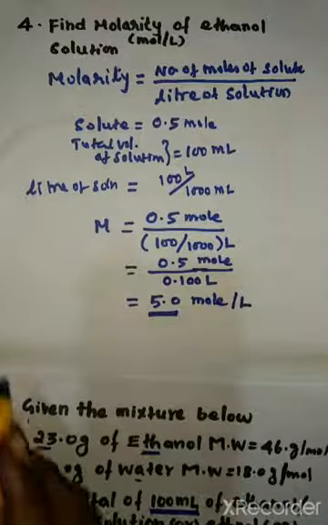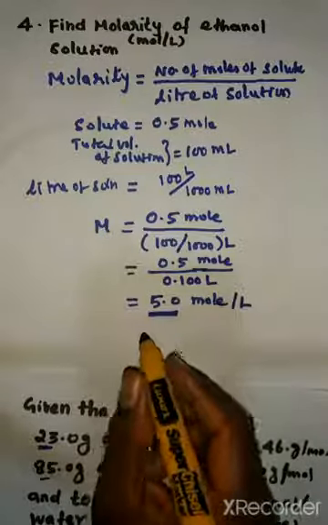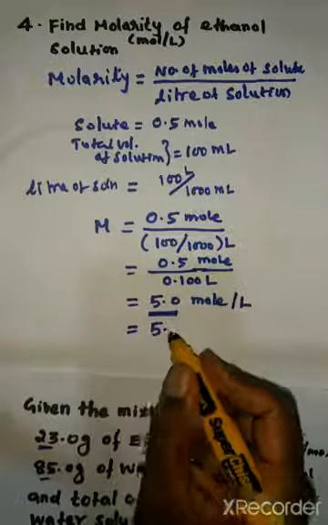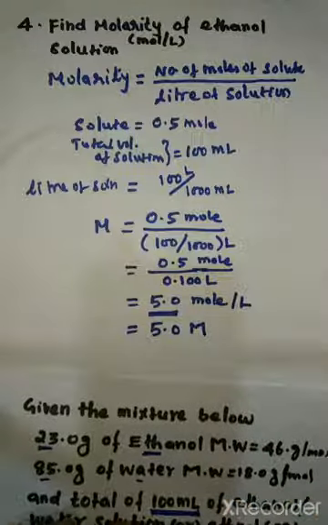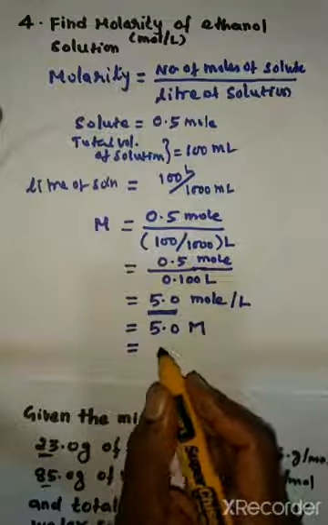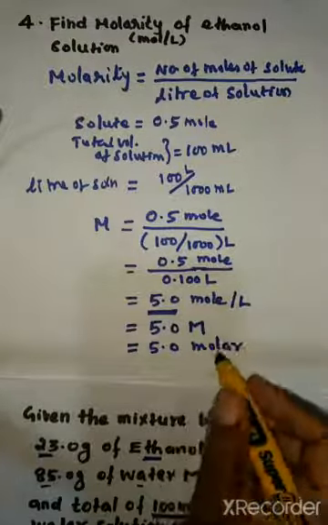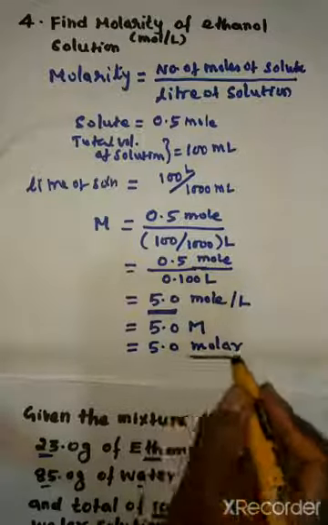The unit for molarity is also given as capital M, so we can say this is 5.0 molar. If it is molality, we say molal. In molarity, we say molar.